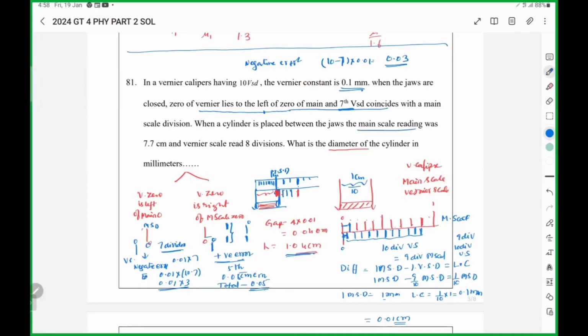So the original main scale reading is 7.7 and vernier 8 divisions, each division 0.01. This is the original length if vernier 0 coincided with main scale 0. Because of the negative error, we have to add 0.03, that is 7.81 centimeters, which is 78.1 millimeters.